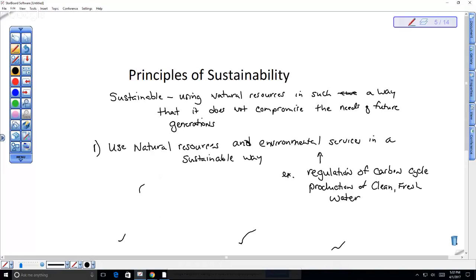The biggest one is the Ogallala aquifer in the middle of our country. The way that we're using it unsustainably is that we are pumping it for agricultural use faster than new water is coming in. And so we're depleting these giant reservoirs of clean, fresh water under us by using too much in an unsustainable fashion for agriculture, okay? So that would be an example of an environmental service.